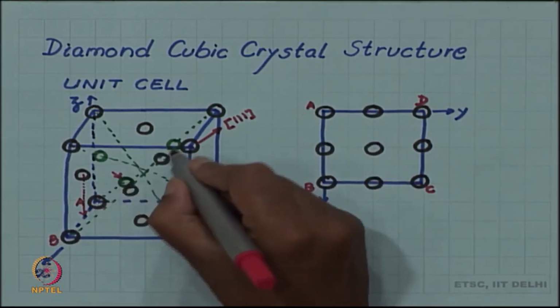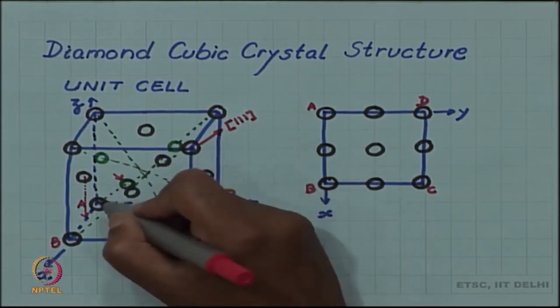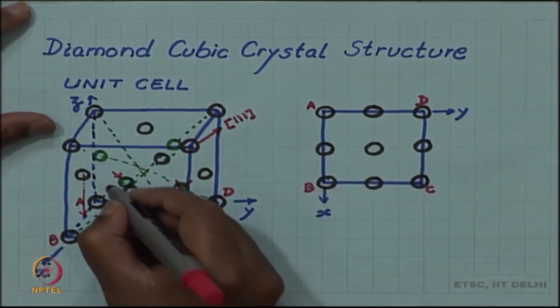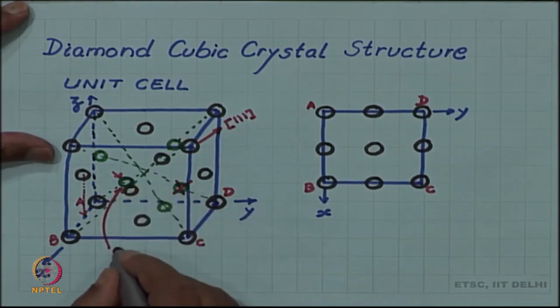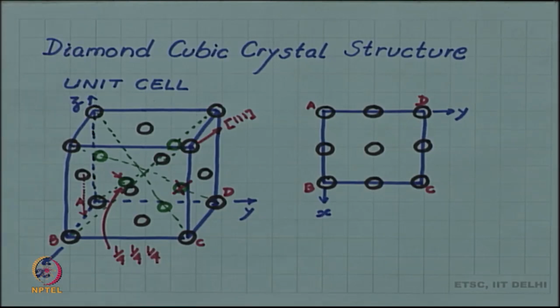So, along this all the 3 coordinates are equal, and since it is 1/4 of the entire body diagonal, the coordinate of this particular atom is 1/4 along x, 1/4 along y, and 1/4 along z.